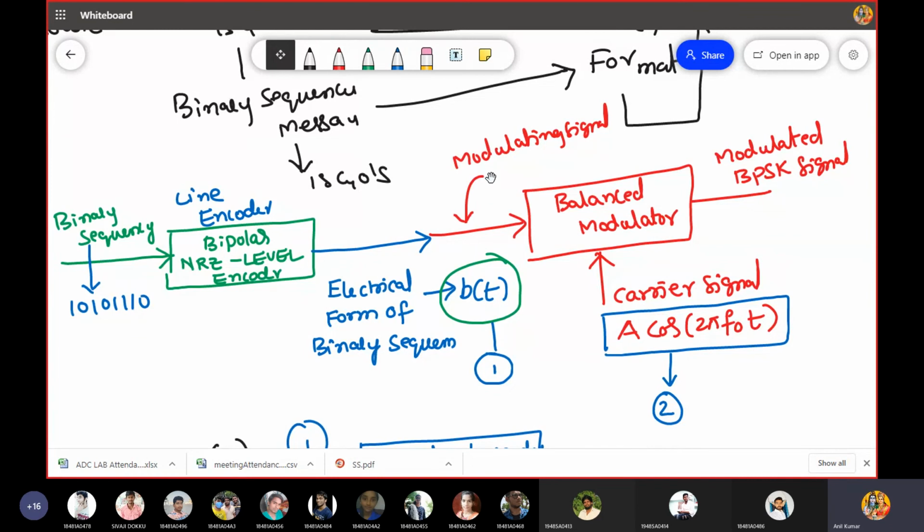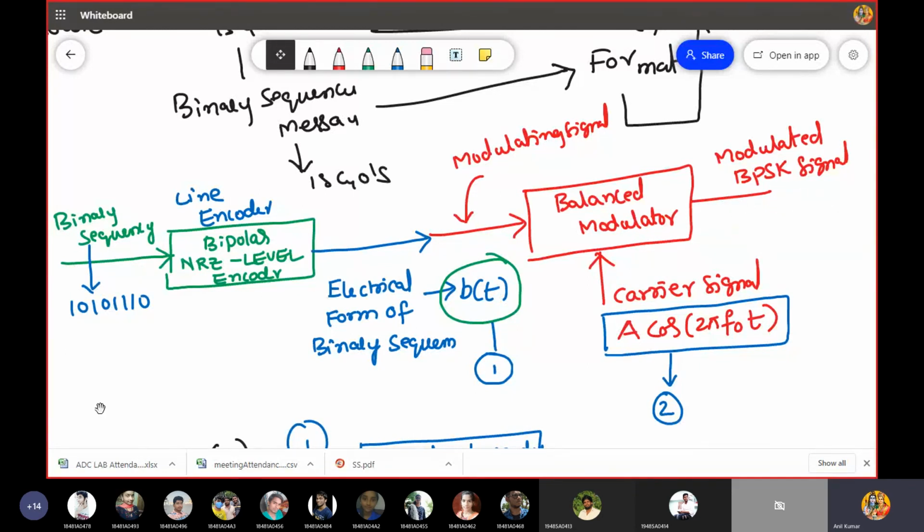One is the modulating signal and another one is the carrier signal. The modulating signal is represented by B of t and the carrier signal is represented by A cos 2 pi f naught t. Finally, at the output of the balanced modulator, the modulated signal is generated. Which modulated signal? The BPSK modulated signal.